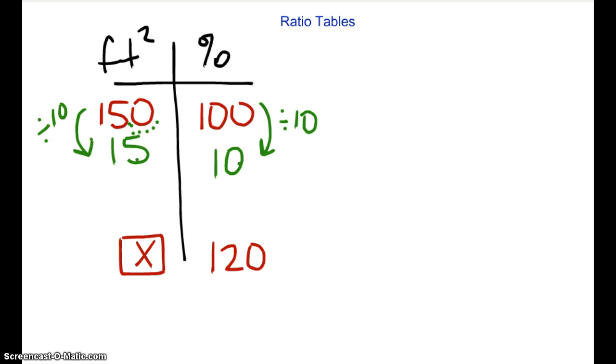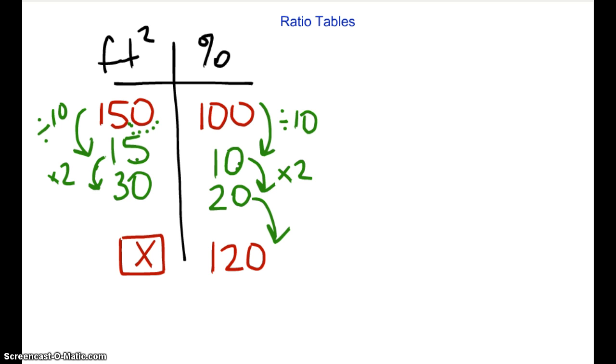Now, we can use our 10% to find other percents. So I could double it and get to 20%. I could multiply that by 2, which is what our percent bar showed.